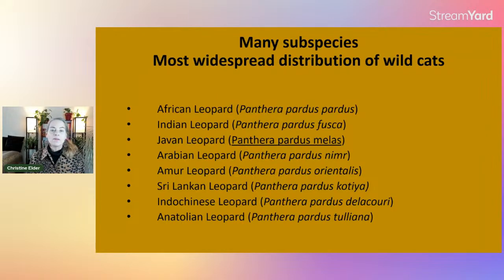There are many, many subspecies because they have the most widespread distribution of all the wild cat species. They're in Africa, and almost all the photos and videos I'm showing you today come from the African subspecies, Panthera pardus pardus. But there's an Indian one, Javan, Arabian, the Amur leopards, Sri Lankan, Indo-Chinese, and Anatolian.